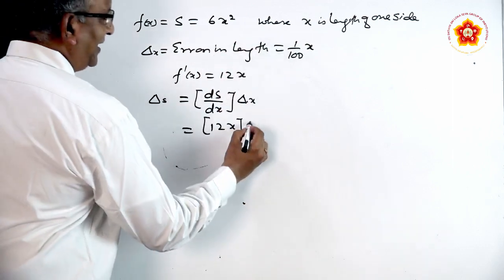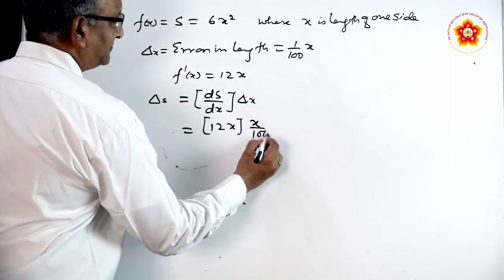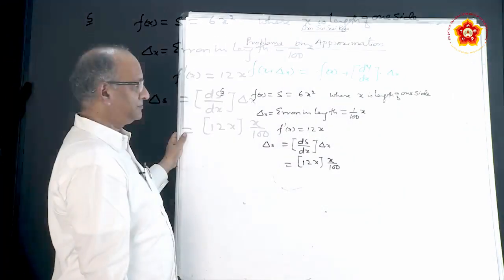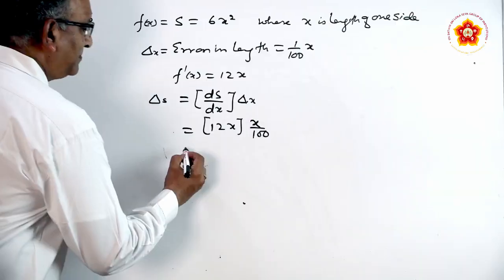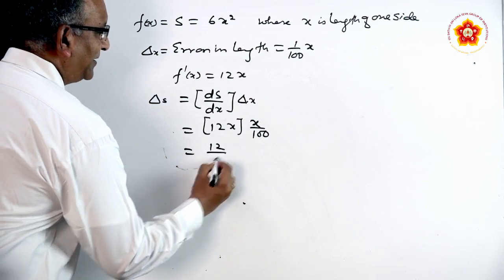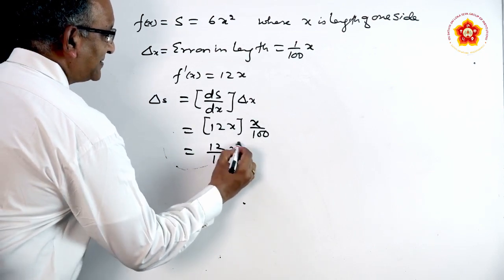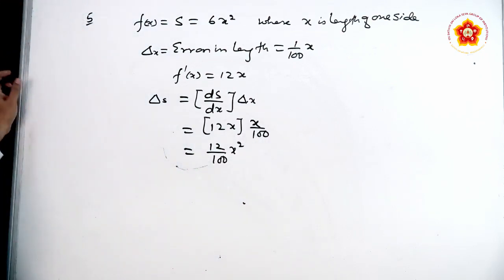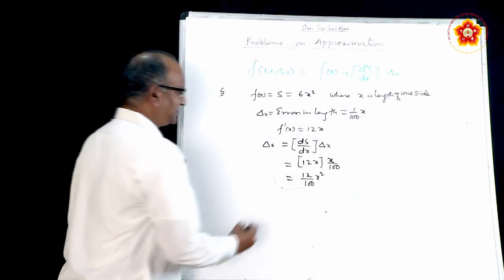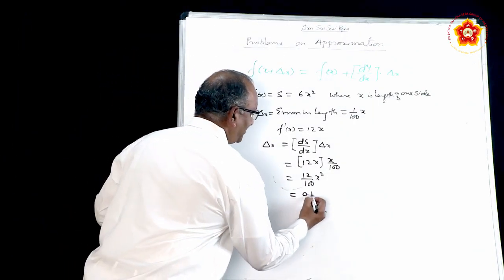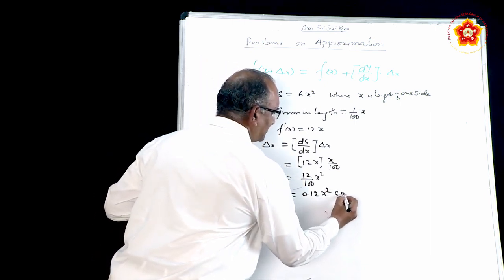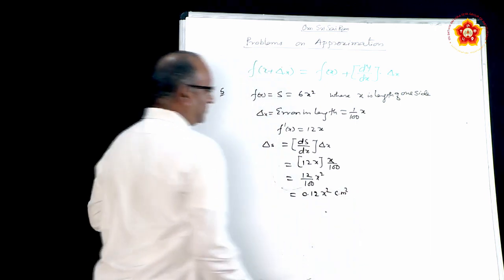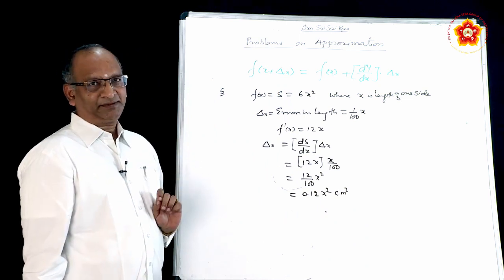How much is delta x? x by 100. Simplify it. It will become 12 by 100 x squared. In other terms, 0.12 x squared. Centimeter squared is the unit.